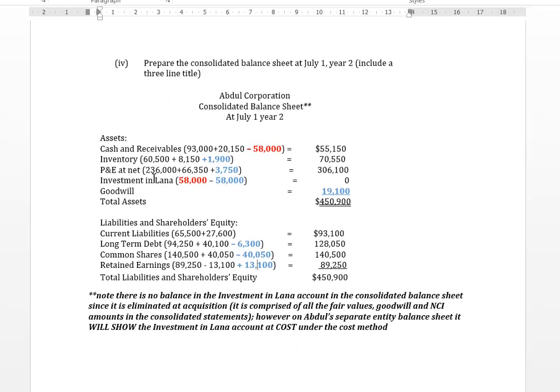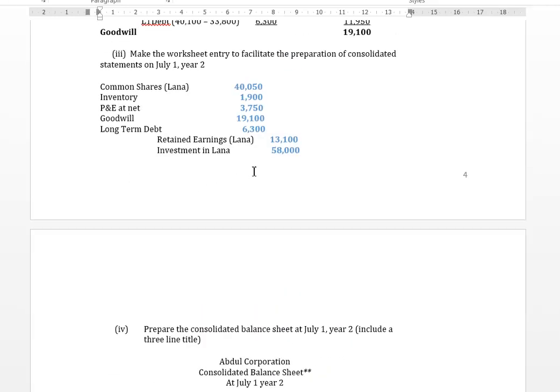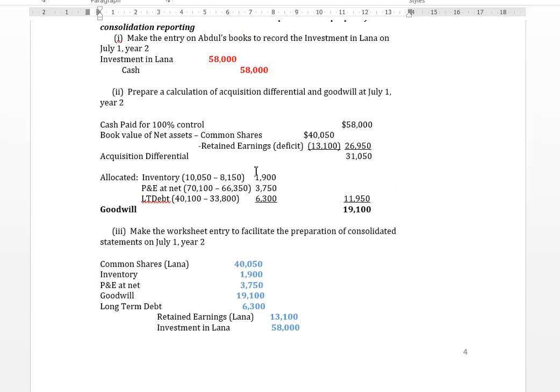So here I'm picking up my carrying value for the P&E. I'm picking up the carrying value of Lana plus the fair value increment. So together that gives me the $70,100 of my fair value. And again, that's where we picked it up here, right?